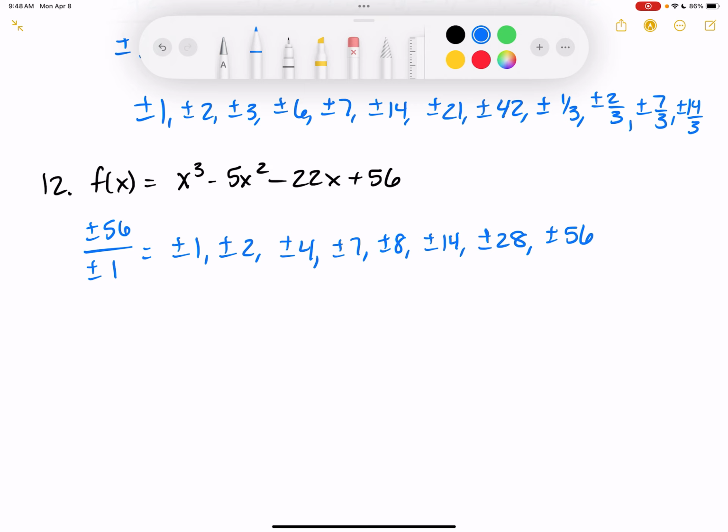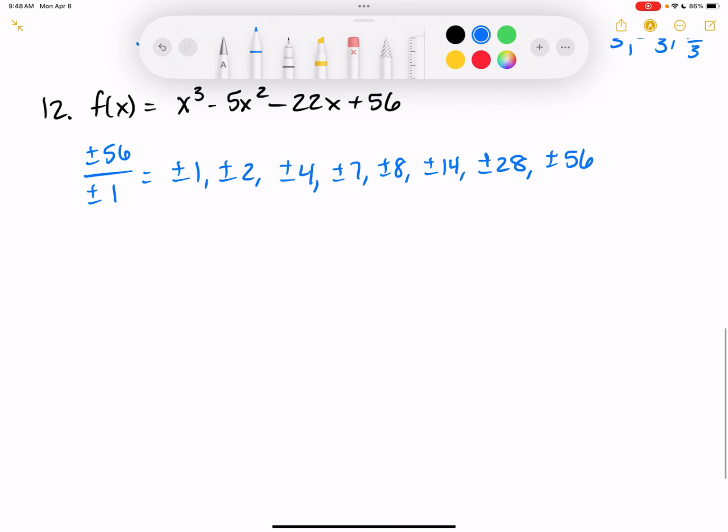Anybody have the ones that she's missing after 8 before 56? 28 is one of them. And 14. All right, so that's the first step there.